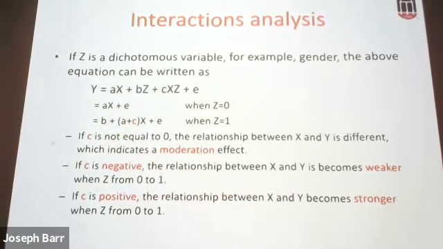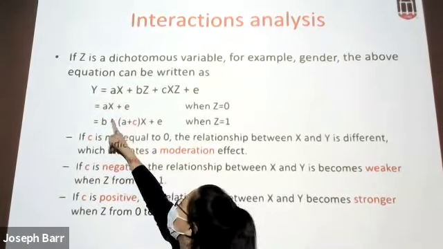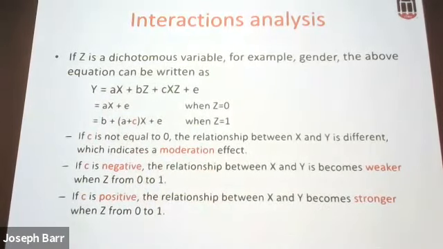Yeah, and we have different cases. If C is not equal to 0, then we say that there is a moderation effect. When C is negative, this becomes smaller than A. So the relationship between X and Y becomes weaker when Z goes from 0 to 1. When Z increases 1 unit, the C is negative, so the relationship becomes weaker.